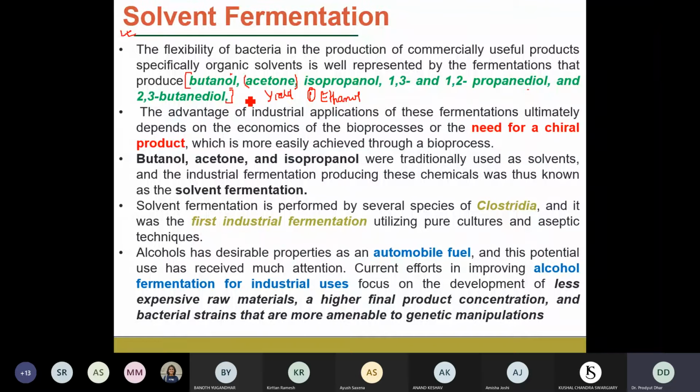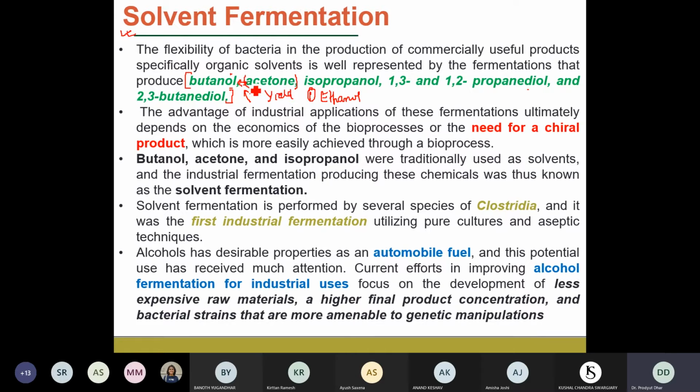The next part that we are going to study is acetone butanol production. Acetone butanol production is a combined production of the two, which is why it is called acetone and butanol fermentation. Both acetone and butanol are produced in a single fermentation stage, depending upon the process conditions.